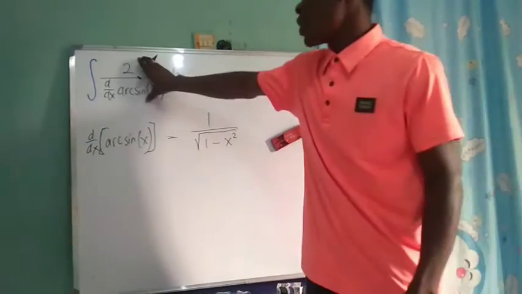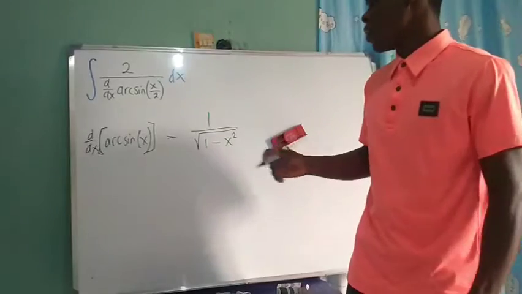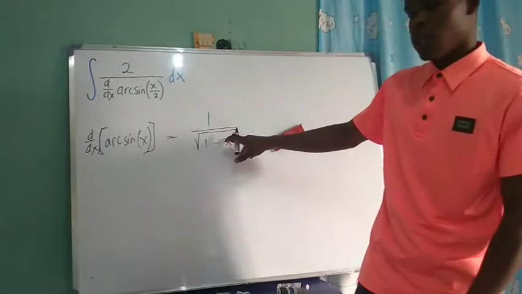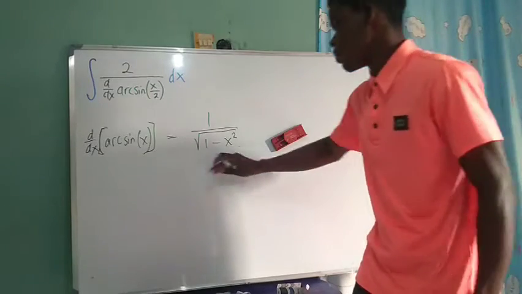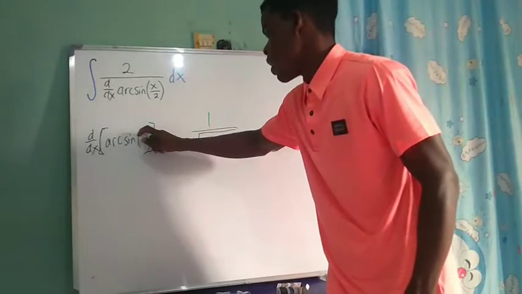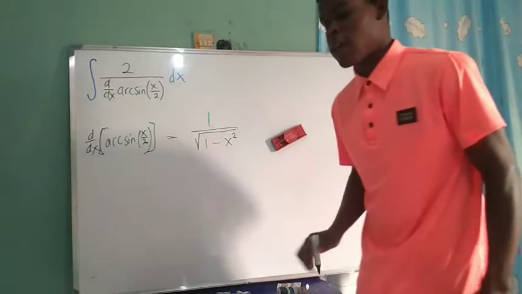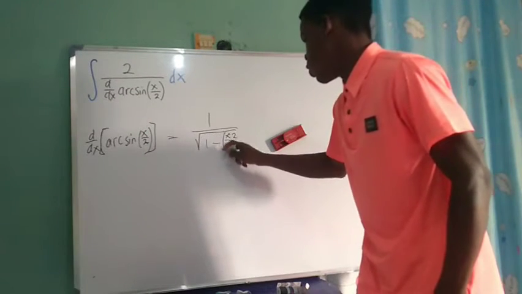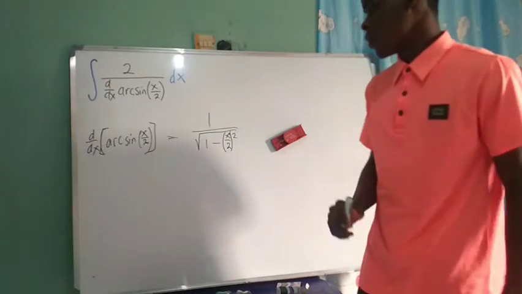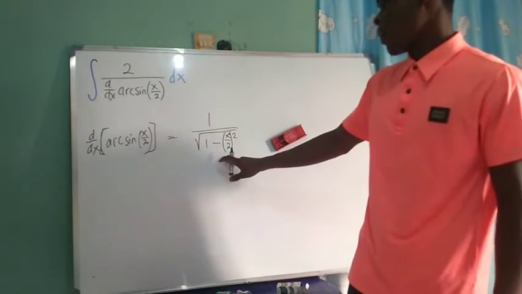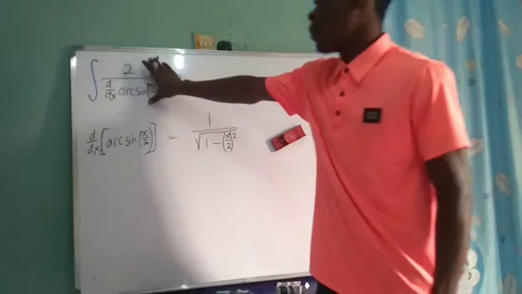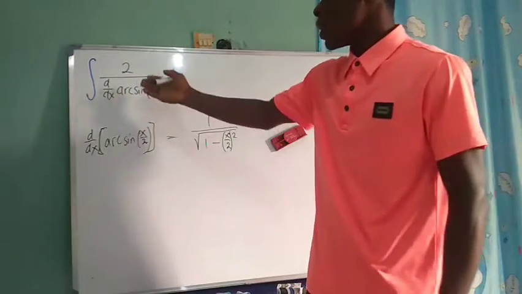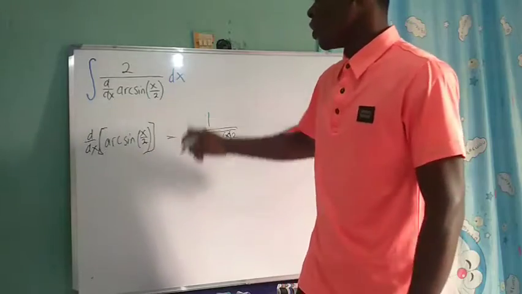First of all, let's deal with our integrand because that is very complex. In this case, we're having x over 2 here. We just put x over 2 in here and we square that. That is to say, x over 2 here will become x over 2 squared. And if we go ahead and evaluate this, let's deal with the integrand before we bring in the integral sign.